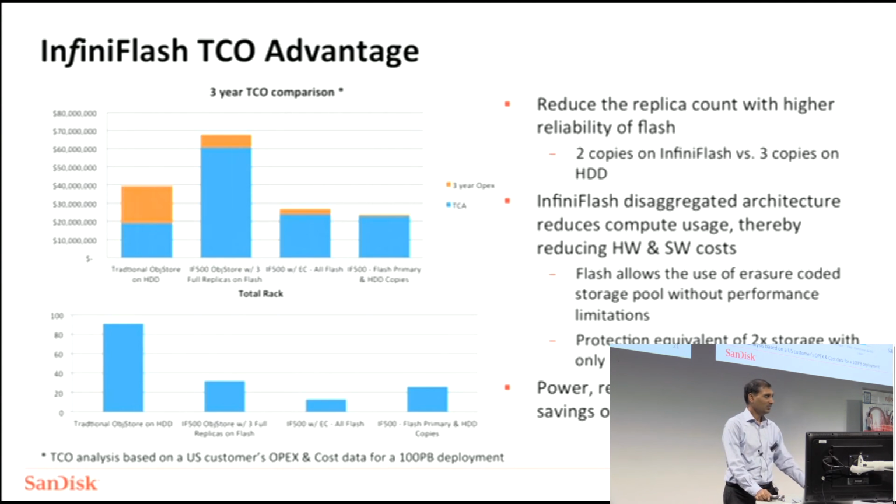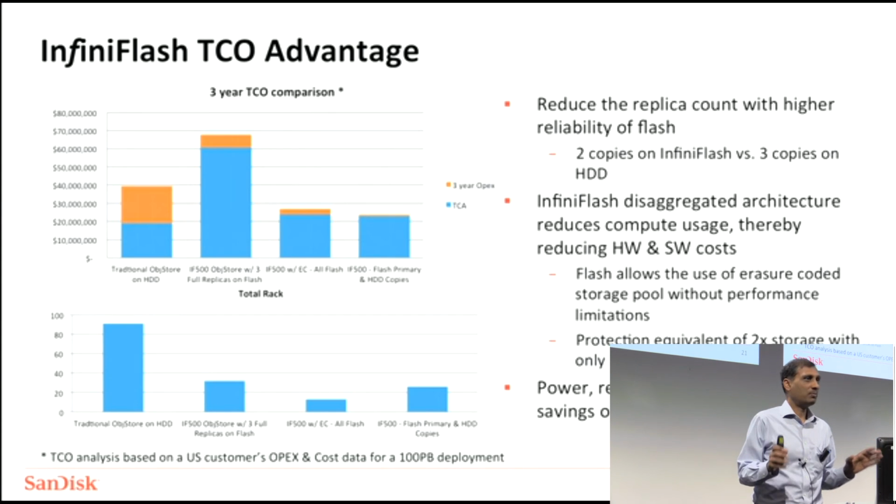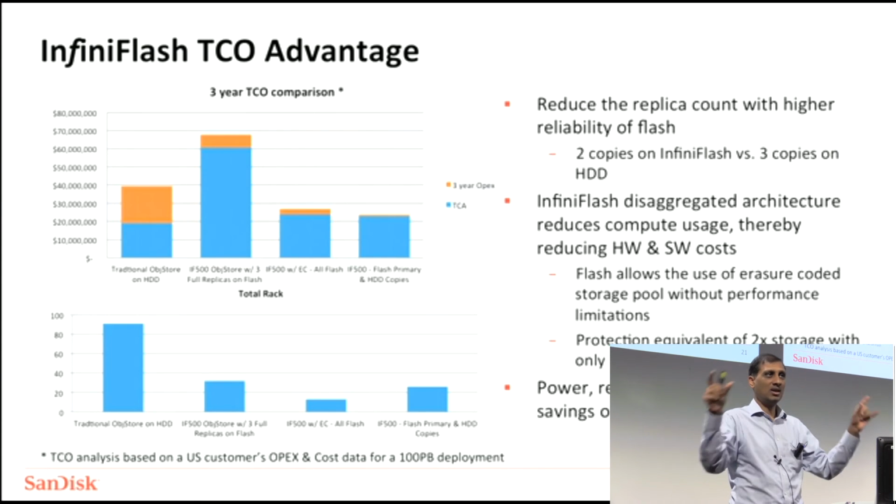Yes. Why was the OpEx so low on the fourth option? OpEx is primarily the failure rate and the power savings. I don't know if I mentioned this, but with the InfiniFlash, it's about 470 watts of power at a fully populated 512 terabytes.